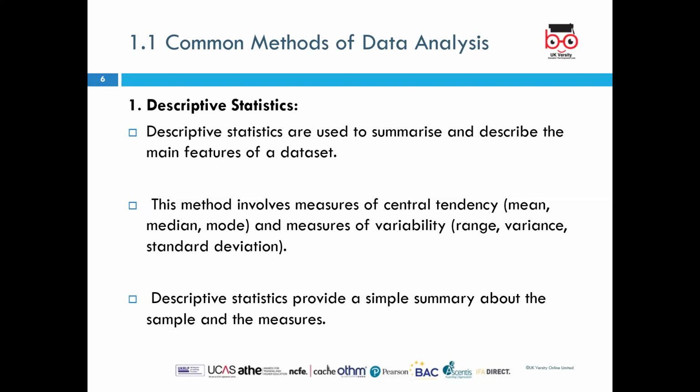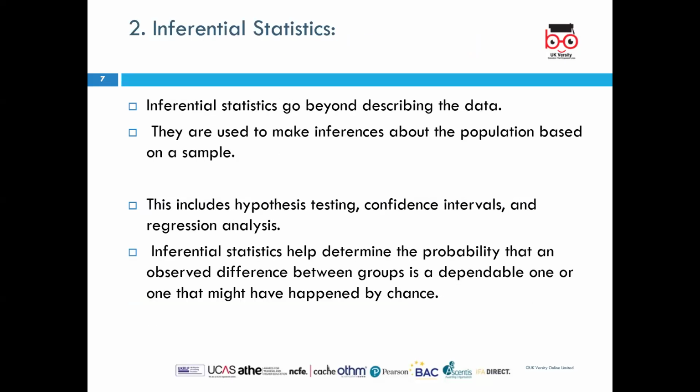By having the ability to use these measures, we can measure variability, such as range, variance, and standard deviation. Once we've gathered our information, we can describe the statistics and provide a simple summary about the sample and the measures.